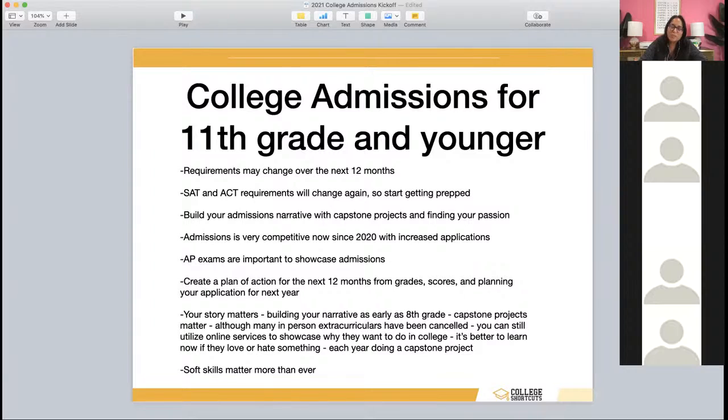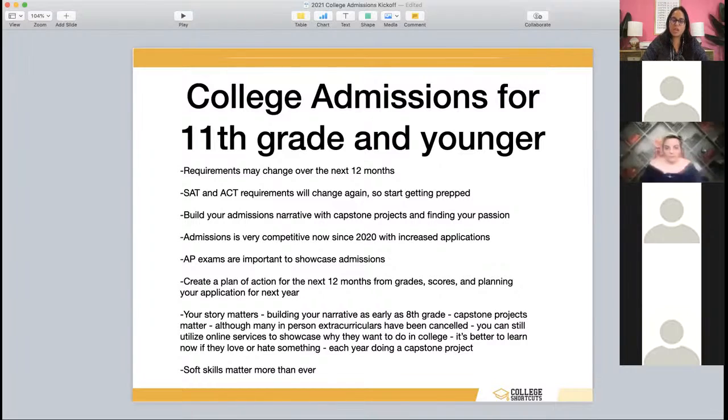Now let's address the people we have here on the line that are in younger years, specifically 11th grade and younger. So first, keep in mind that requirements may change over the next 12 months. One of the big things to realize is that there are so many things changing at different schools.